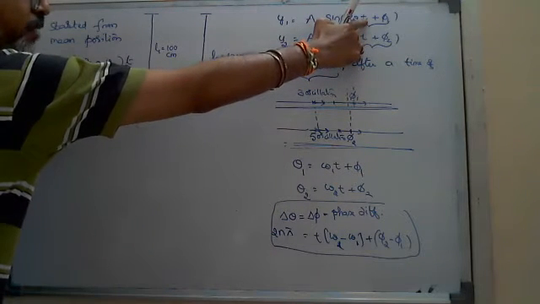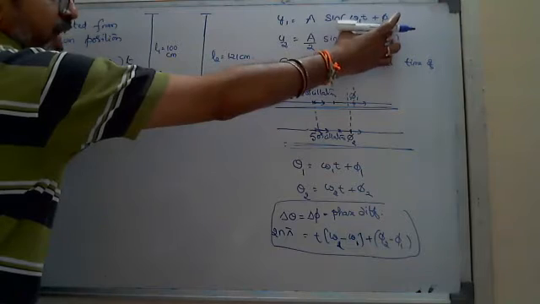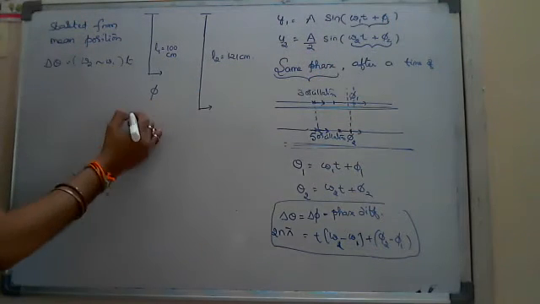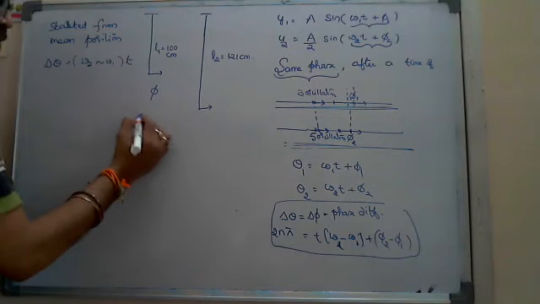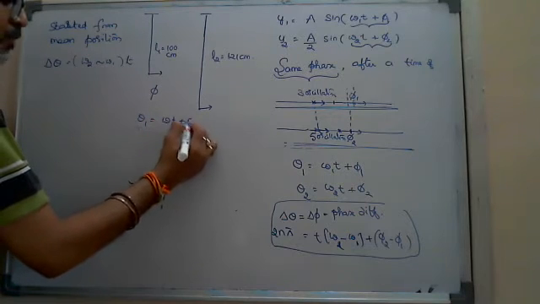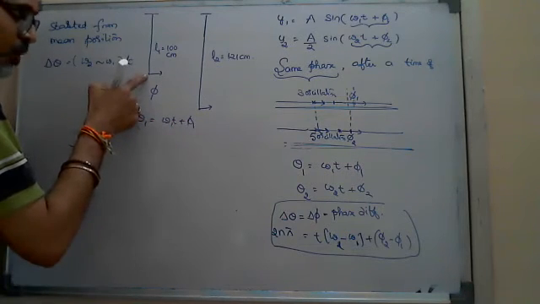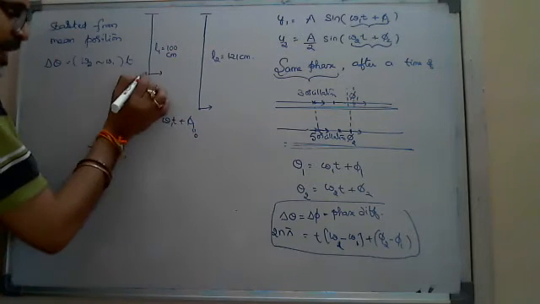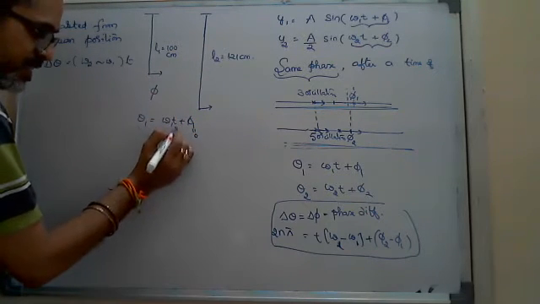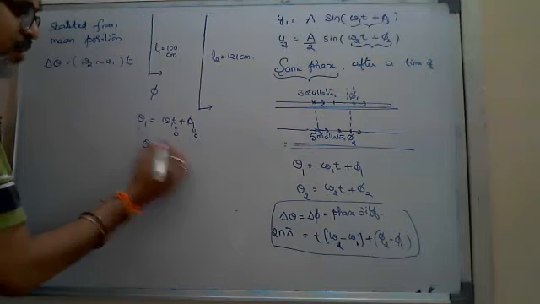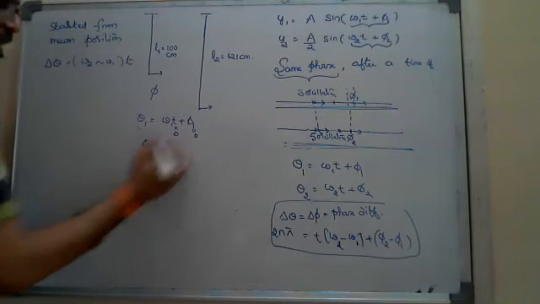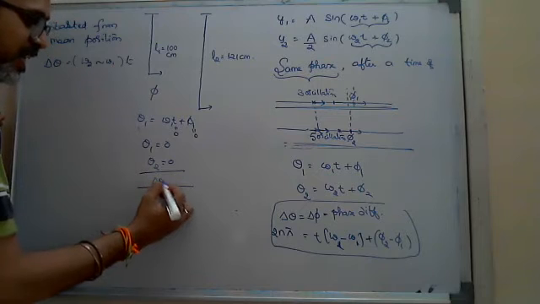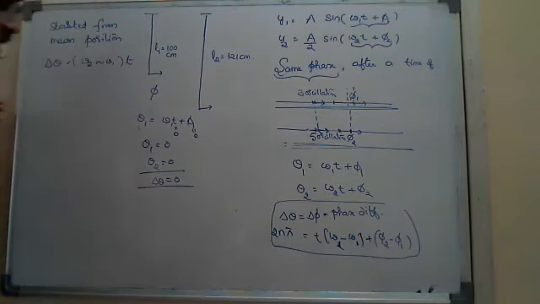If you put t equals 0 here, this phase angle becomes 0, and that phase angle also becomes 0. For the first one, theta1 is omega1 t plus phi1, and both are started from mean position, so phi1 equals 0. Before starting, at t equals 0, I am getting theta1 as 0, and in the same way theta2 also 0. So initially delta theta equals 0 already.